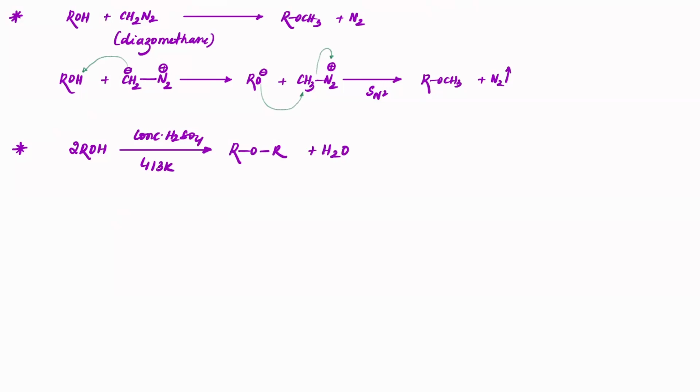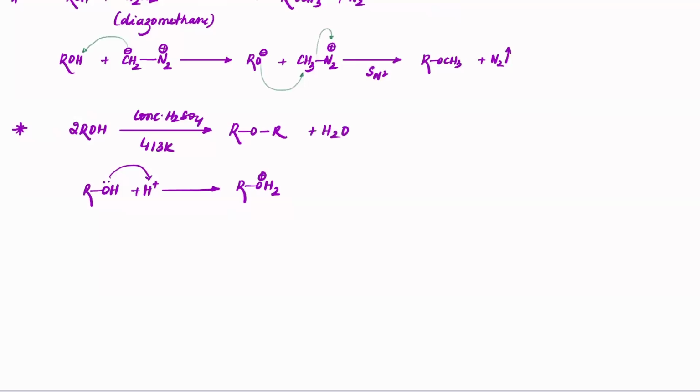So basically, you will get ROH plus H plus, which is coming from concentrated H2SO4. The first mole will connect onto H plus, converting that into ROH2 plus. And the second mole of alcohol, ROH, the lone pair will attack on this R and try to remove this group.